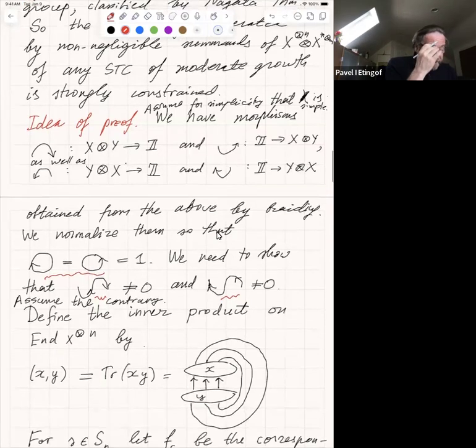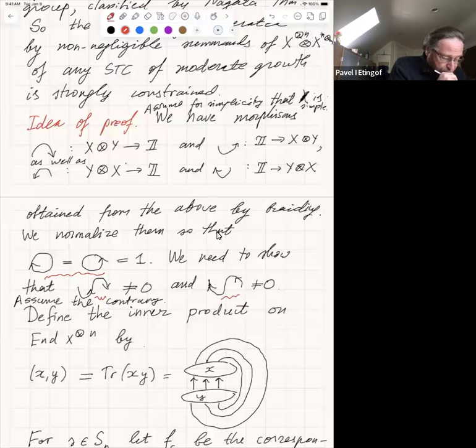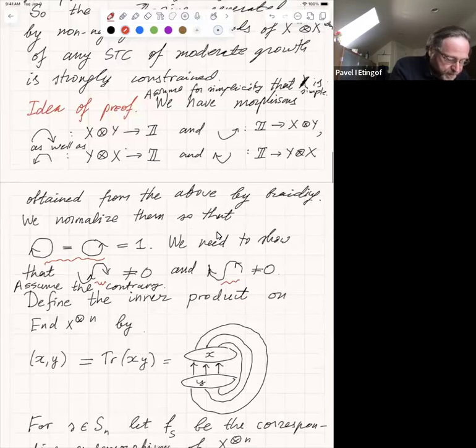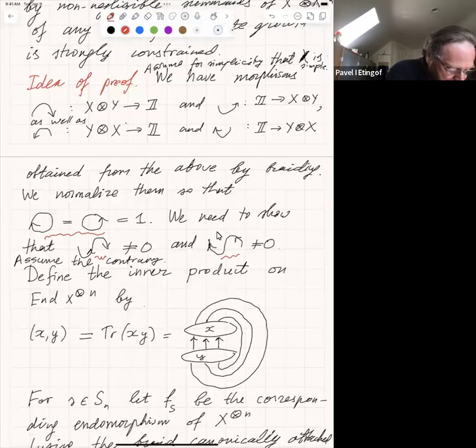To do this, we define the inner product on endomorphisms of X to the n in the following way: if I have two endomorphisms, x and y, which are depicted in this picture, I compose them, and then I take their trace using the arcs from above. So this trace is using my normalization.